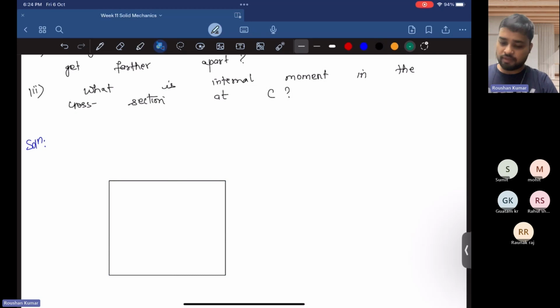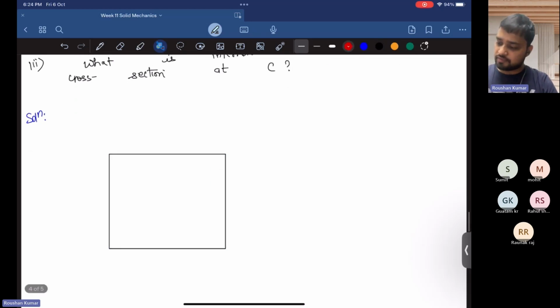So we have this rectangular beam, and after deformation and a load is applied from above and from below, just after the deformation, it will be like this.